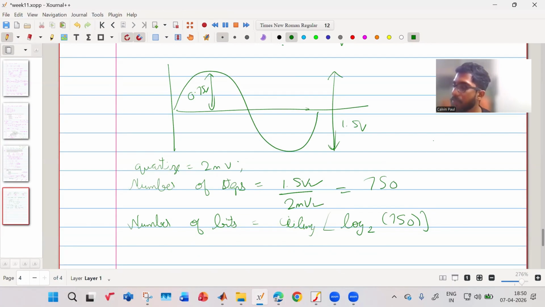And the number of bits you will get by this formula. Can you calculate and tell me what is the value of log of 750 to the base 2?